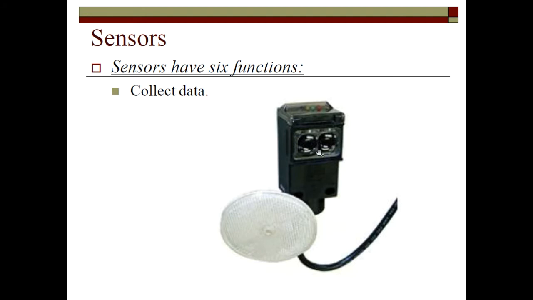And if a part is moving down, the part would move between this sensor and the reflector. It would break the beam as it crosses that point, and then the sensor would send a 1 or a 0, depending on how it was configured, into the robot, and we would know that something is there.